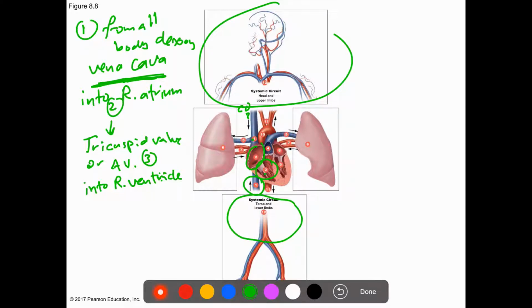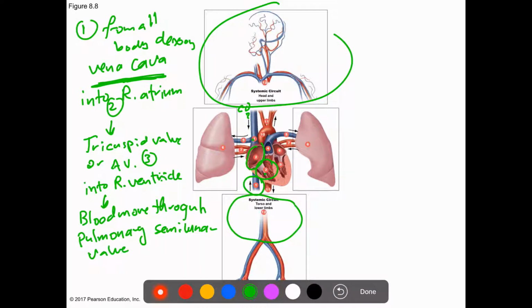Now from 3 to 4, from there, the blood would move through the semilunar valve, or technically through the pulmonary semilunar valve, which is this one, okay, to the pulmonary trunk, which is this one.